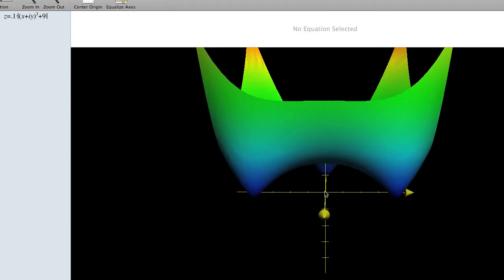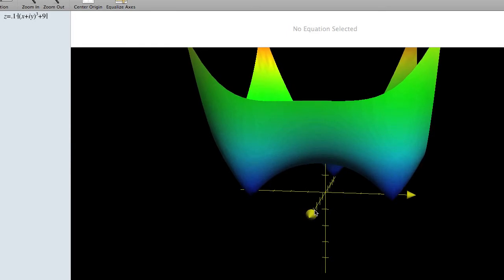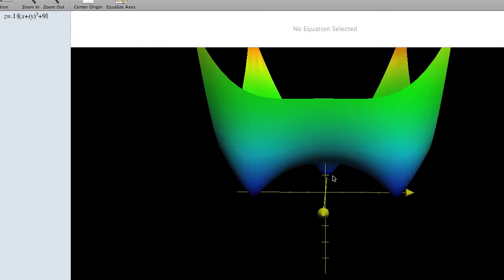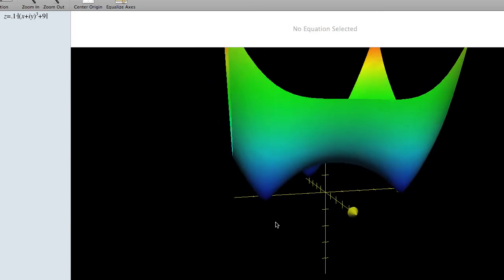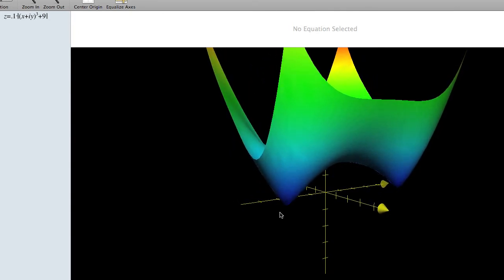Okay, but notice that they don't occur at y equals 0. If they occurred when y is equal to 0, then they would be plotted right here along the x-axis. So they're not real roots. They're complex conjugate roots. So we have one real root located right here at negative cube root of 9, and then we have our two complex conjugate roots right along there.